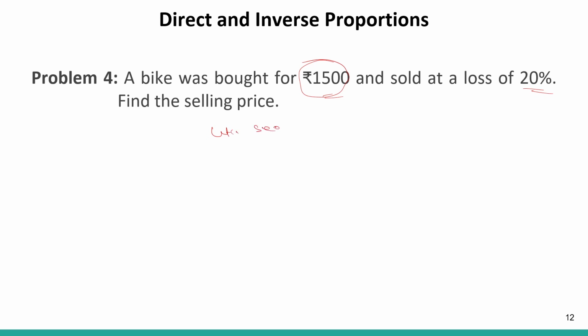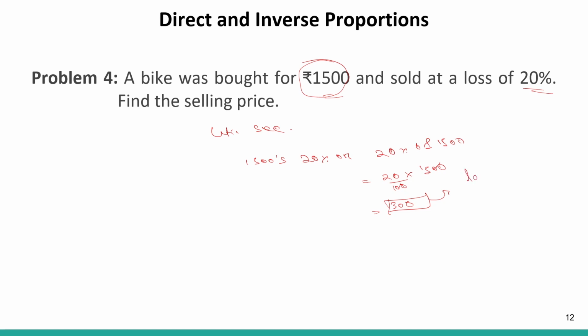Let's see, 20% of 1500 is equal to 20 by 100 into 1500. The zeros cancel out, so 20 into 15, which is 300. So 300 will be the discount.